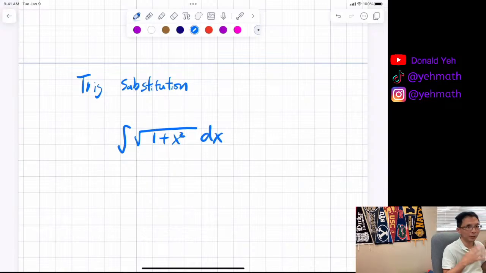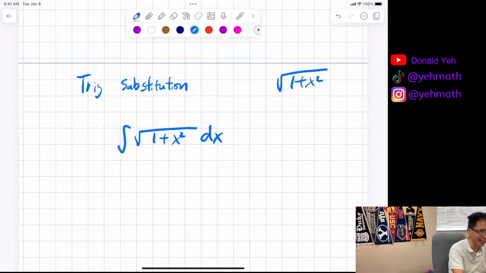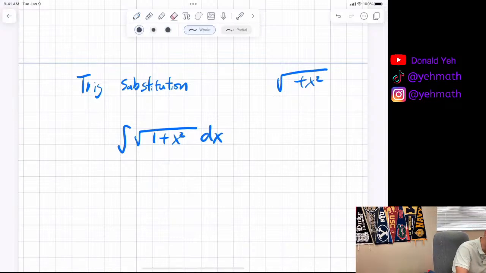Okay, so with this being said, trig substitution is one of the hardest things in integration. The only thing it takes care of is something like 1 plus x squared. Actually, it could be a squared plus u squared.